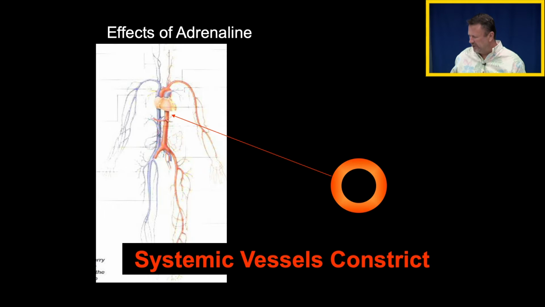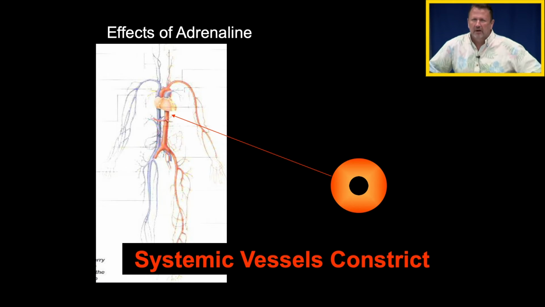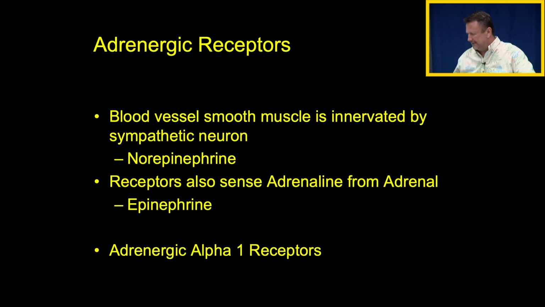I told you earlier, in the previous lecture, when these alpha receptors sense the effects of adrenaline, it causes vasoconstriction, and this raises blood pressure. It's like putting your thumb over a garden hose. You shoot the water higher into the air, and that's quite simply our definition of pressure. And so vasoconstricting raises blood pressure. Right?